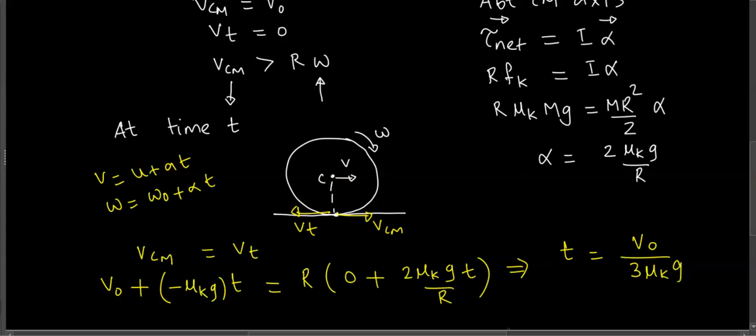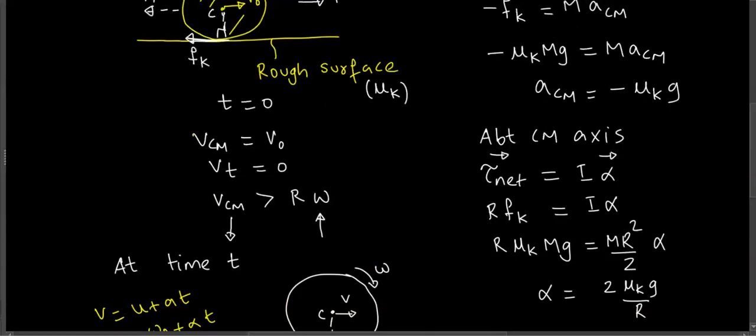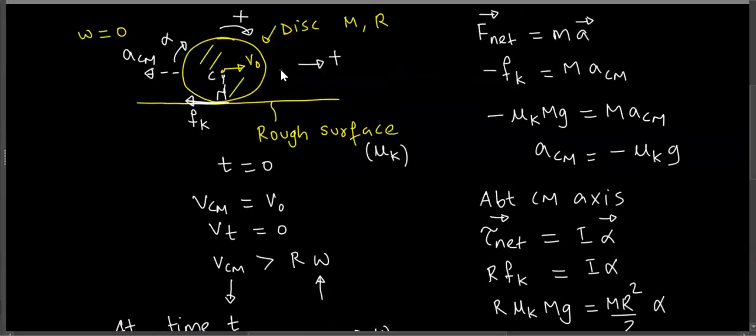So that means this is one time they might look for. They might say that the round object is given only center of mass velocity on a rough horizontal road.